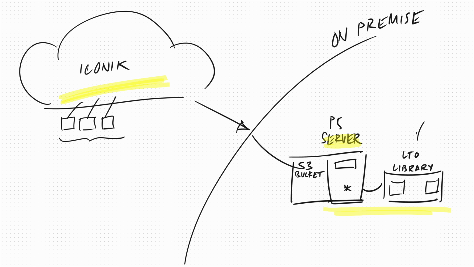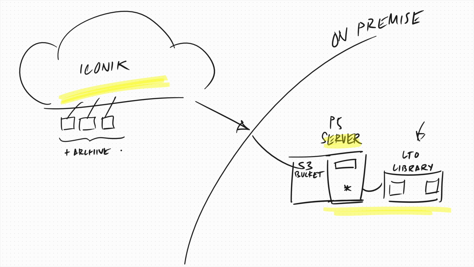And down here I have an LTO tape library with tapes in it that I want to archive to, and of course the LTO storage is going to be very low cost and very long life compared to cost of cloud storage, generally speaking.